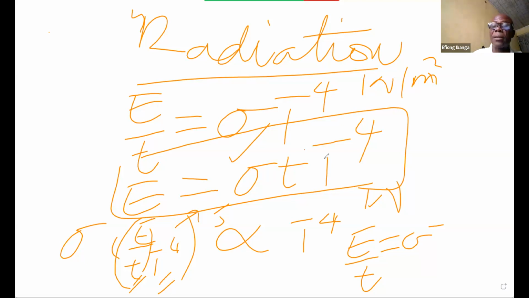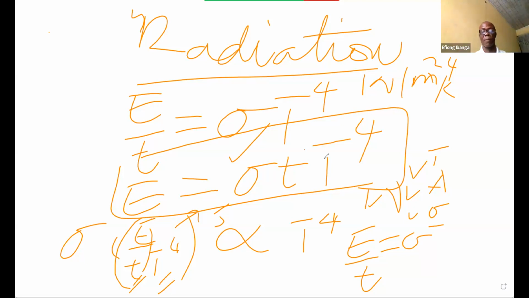Per square meter Kelvin raised to power 4. But now what that tells us is that we can also include the quantity. This rate will depend on, one, the temperature. Two, it will depend on the area, how large the area is. Three, it will depend on the nature of the surface. Okay, I hope you understand that.